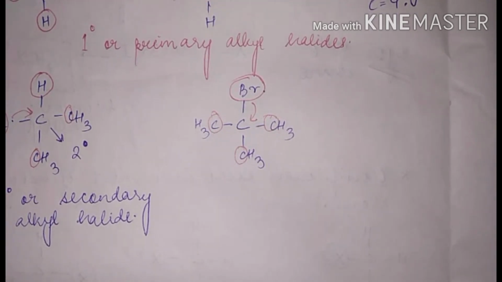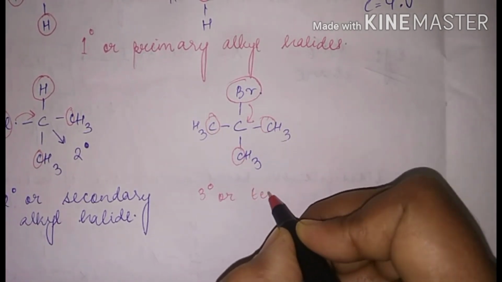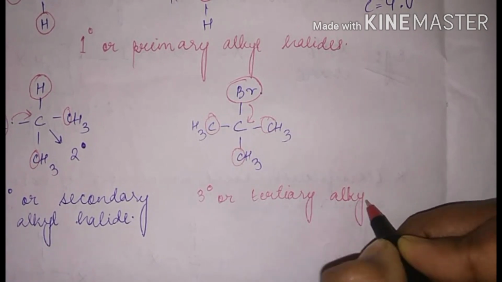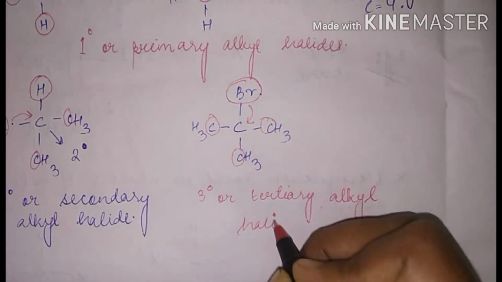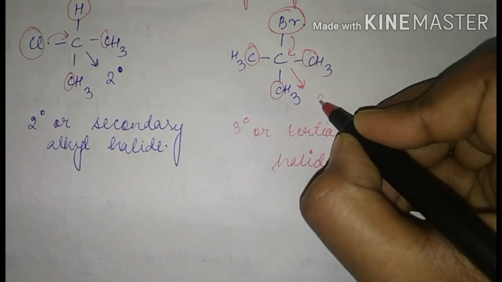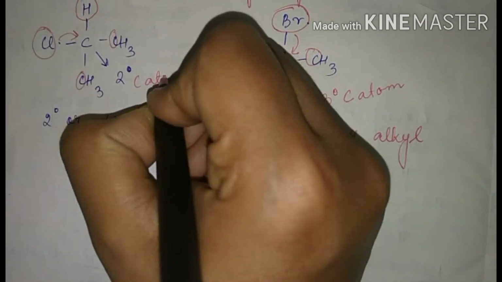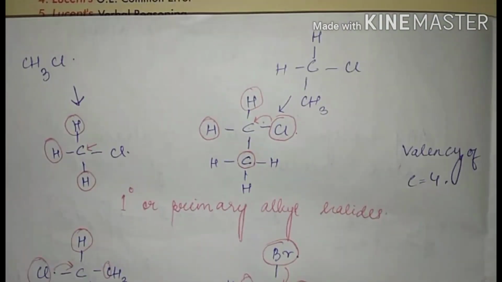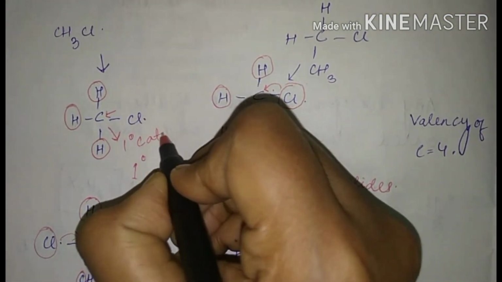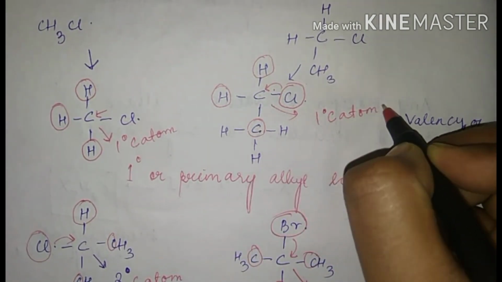So such an alkyl halide will be called a 3-degree or tertiary alkyl halide. And this type of carbon atom is called a 3-degree carbon atom. Here it was 2-degree carbon atom, here it's 3-degree carbon atom, and here it is primary or 1-degree carbon atom. Here too it's 1-degree carbon atom.